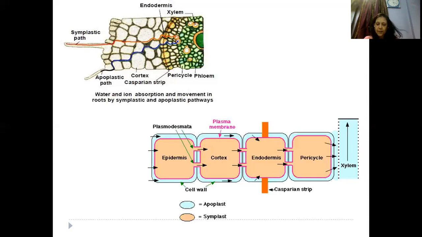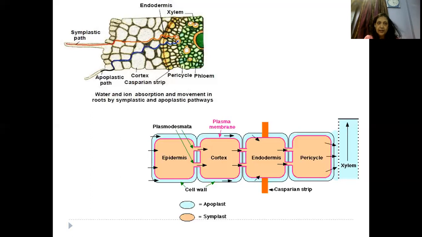Absorption of water being a continuous process, a sort of hydrostatic pressure is developed in the living cells of the root, and that is called the root pressure. Now because of the root pressure, the water from the pericycle is not only forced into the xylem but also conducted upwards against the gravity.